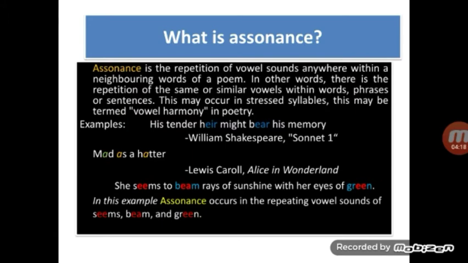Alliteration, you learned, is the repetition of consonant sound, but assonance is the repetition of vowel sound.